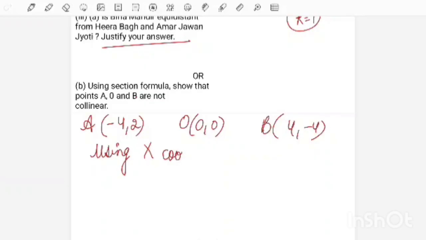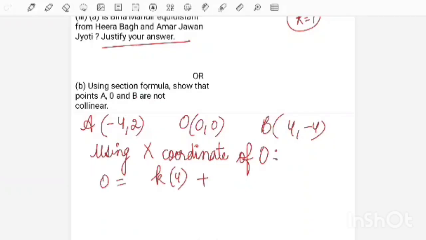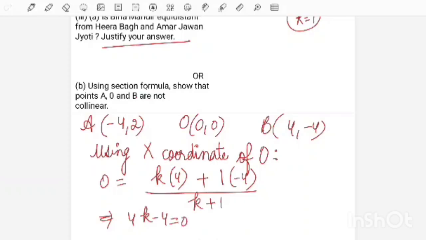Firstly use the x coordinate of O. 0 equals k into 4, m1 x2 plus m2 x1. We have supposed that the ratio is k is to 1. Okay, k plus 1. It gives 4k minus 4 equals 0. k plus 1 will be multiplied with 0, it becomes 0.